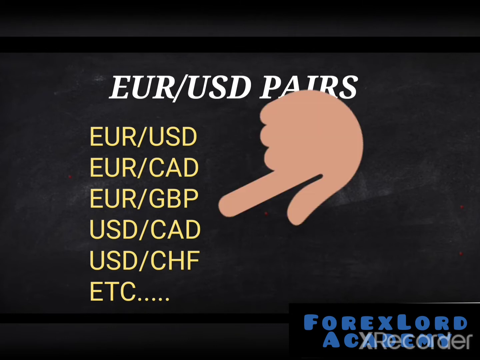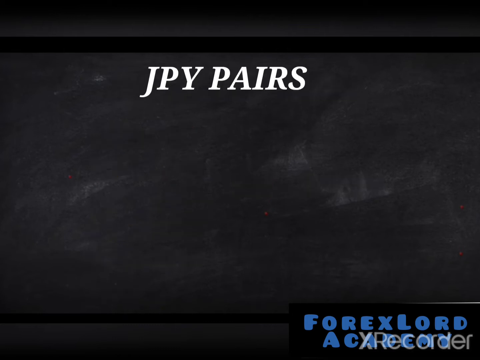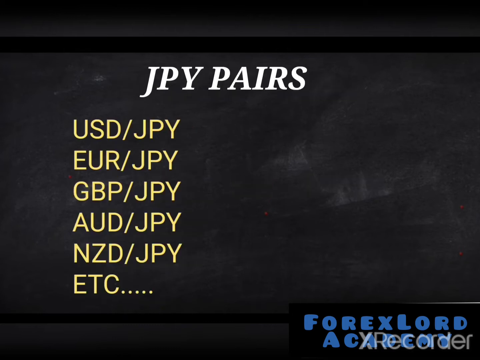Any pairs like these, the formula to calculate them with is 0.0001.